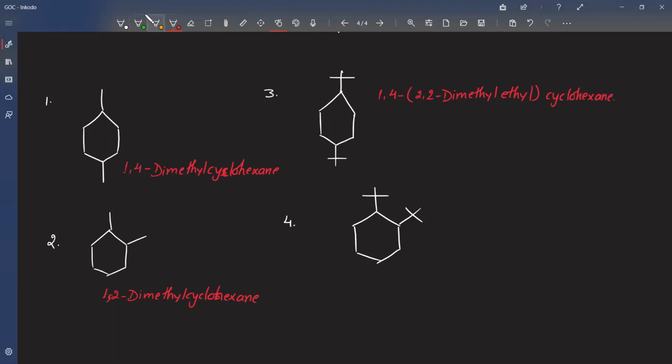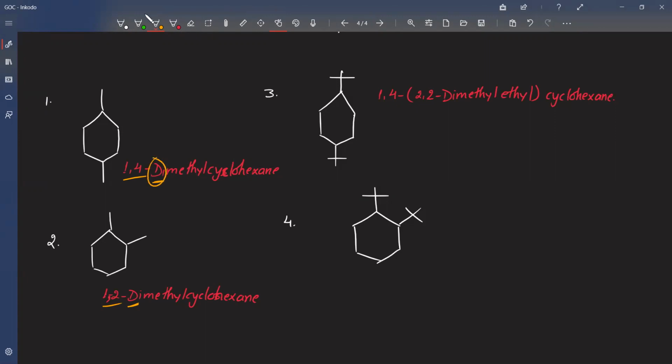Okay, a few points here. First thing is, wherever you write 1,4 or 1,2, if I write 1,1,4, that means there are 3 repetitions, so there will be tri. If I write 1,4, there will be 2 repetitions and there will be di. If I write 1,2,3,4, there will be 4 repetitions and that means there will be tetra.